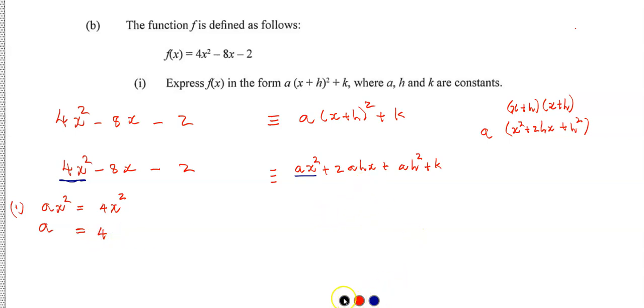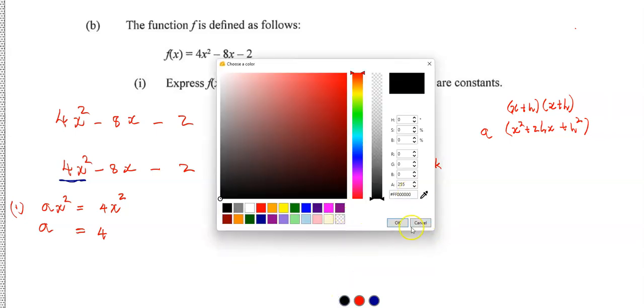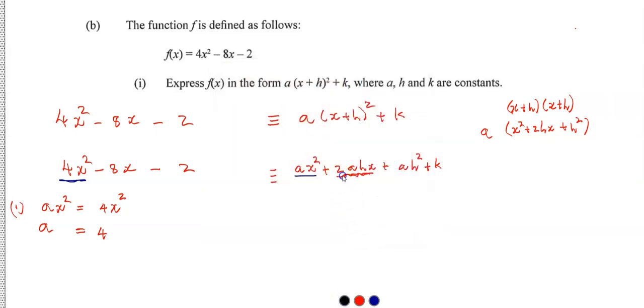This coefficient now, that bit, this middle bit here must equal minus 8x. So we have 2ahx must equal minus 8x.